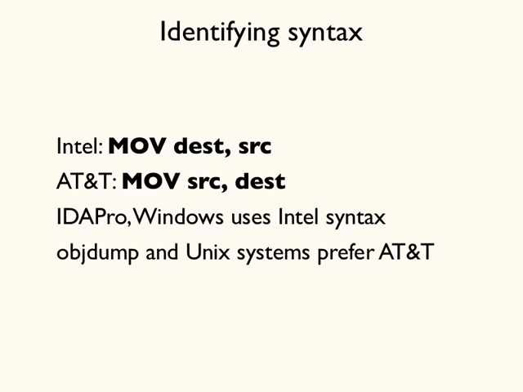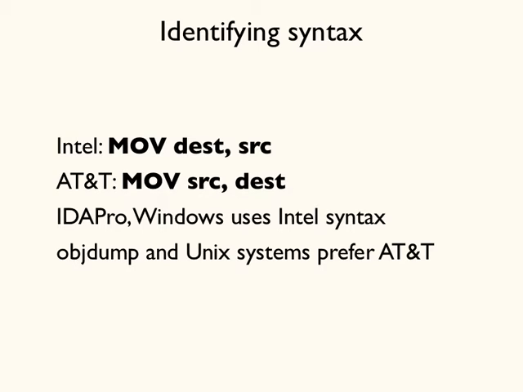But sometimes it's Linux, and you have a Linux executable and want to use objdump or other Linux tools, and they all use the AT&T syntax. That's why I guess it's a copyright issue, why Linux systems use AT&T syntax instead of Intel syntax.